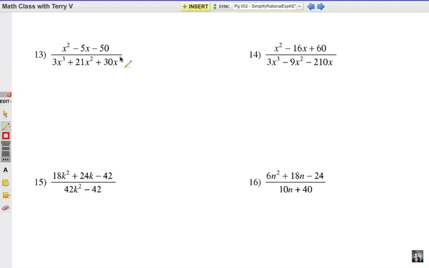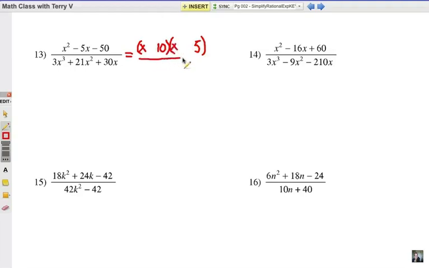All right, on the top, always look for a GCF first, greatest common factor, and there isn't one. So it's going to be a typical trinomial factorization here. We are going to look at the factors of 50 that can subtract to give us a 5. I'm thinking a 10 and a 5, right? That should work. And of course, we know an x and an x will be here.